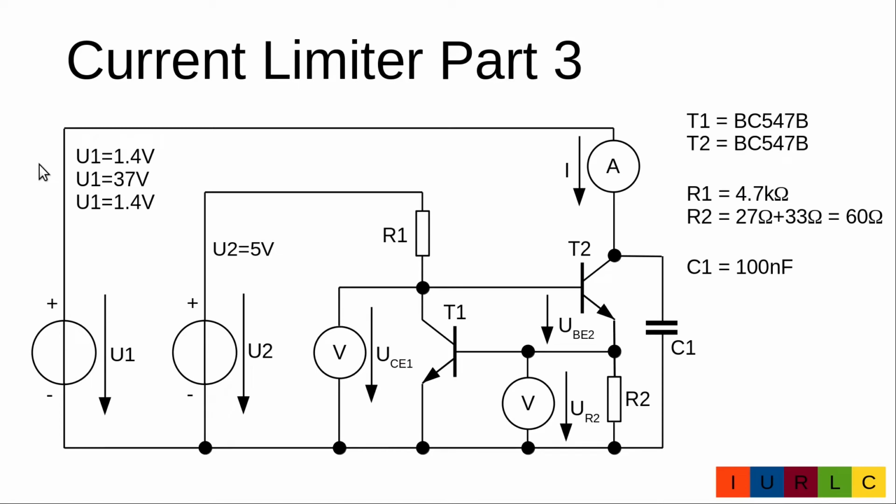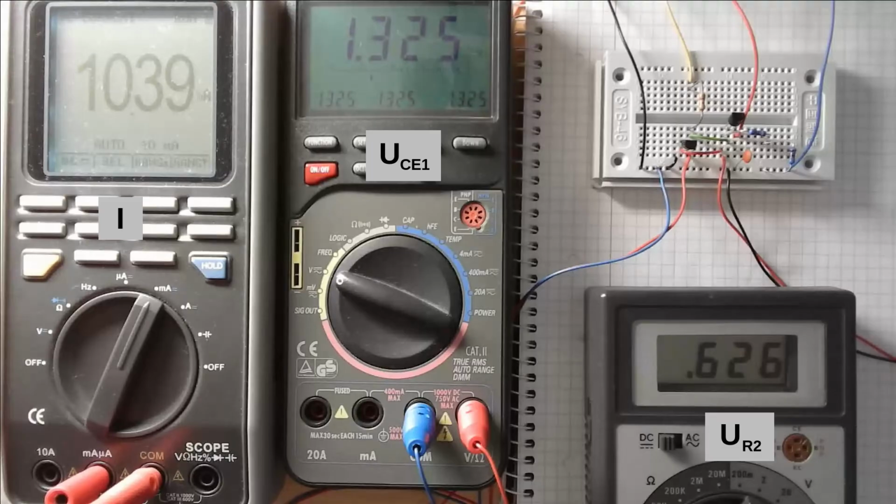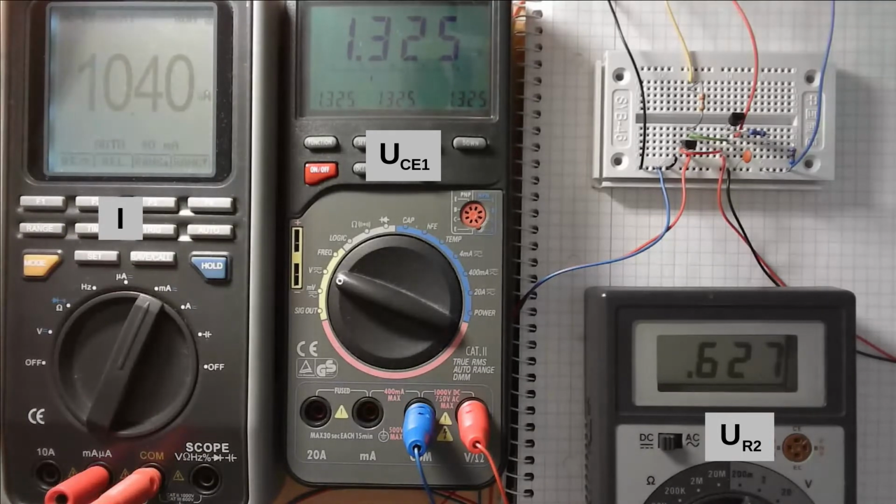The next measurement we start after 10 minutes while the collector voltage remains on 1.4 volt. Then we increase it quickly to 37 volt, wait 10 minutes and go back to 1.4 volt and wait also 10 minutes. The circuit has now thermally stabilized with 1.4 volt collector voltage and we increase now to 37 volts.